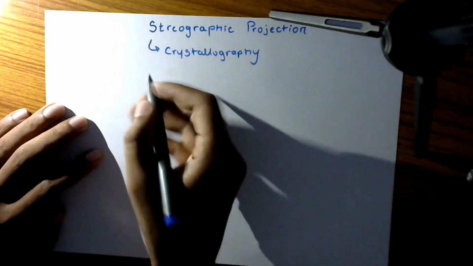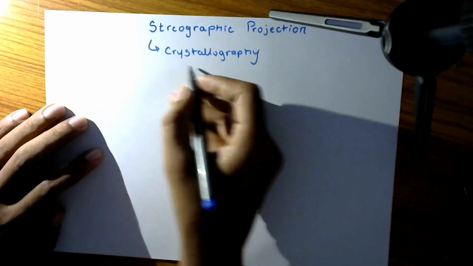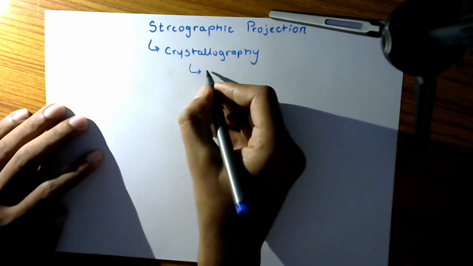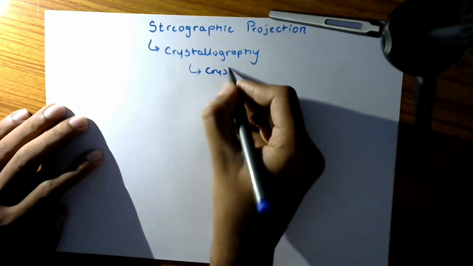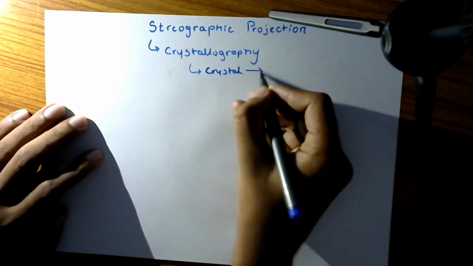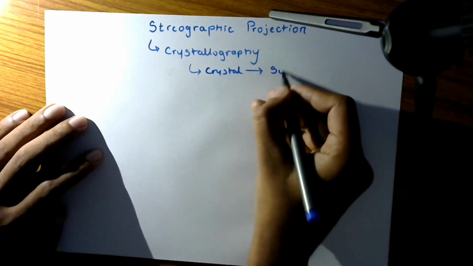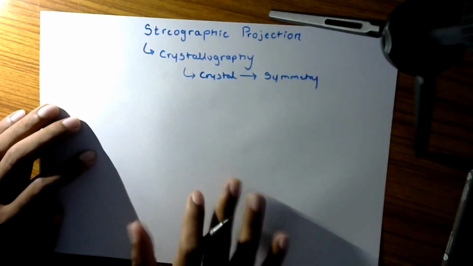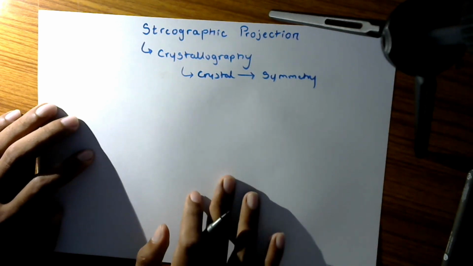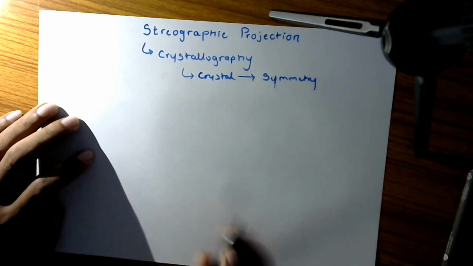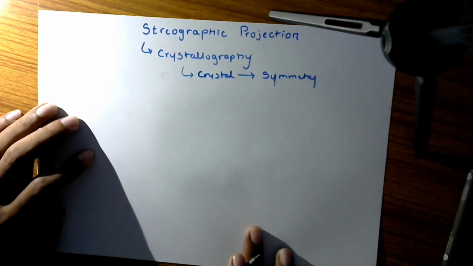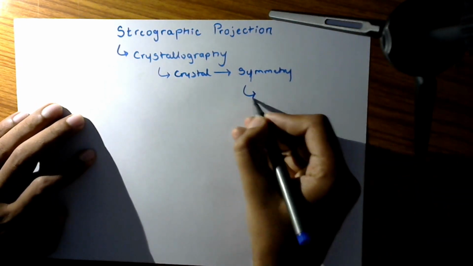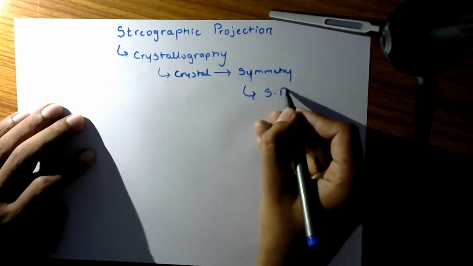First of all, one of the most important things for crystallographers is that they work upon crystals, and a crystal has a lot of symmetry stored in it. If someone wants to preserve that symmetry, it cannot be done by orthographic projection or any other projection. It can only be done by stereographic projection. Why is that?